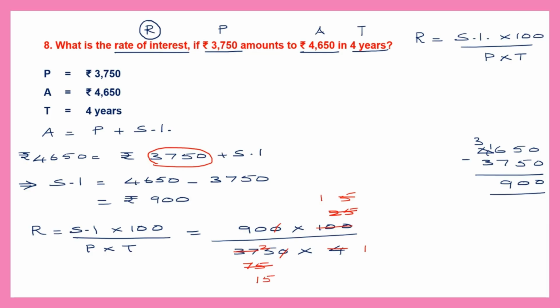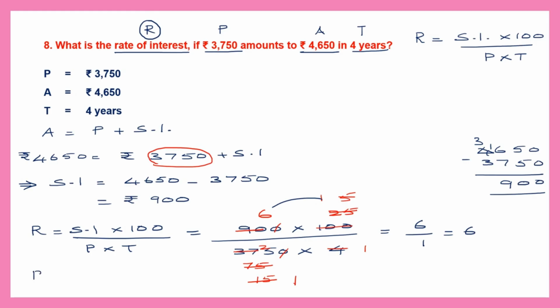Now I can cancel 15 and 90. 15 into 90. So 15 ones are 15 and 15 into 6 is 90. So let's do that. 15 ones are 15. 15 sixes are 90. So now let's multiply the numerator. 6 ones are 6, and in the denominator we have 1. 6 by 1 is 6.